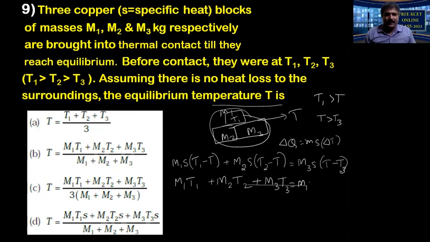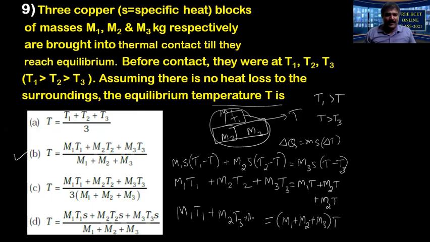So M1 T plus M2 T plus M3 T. Now taking a common T out from the RHS, it is (M1 plus M2 plus M3) times T. LHS is M1 T1 plus M2 T2 plus M3 T3. When I divide throughout by M1 plus M2 plus M3, I get T equal to option number B. So option B is the right choice for this question.